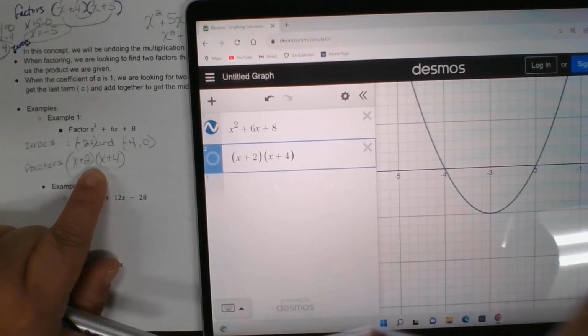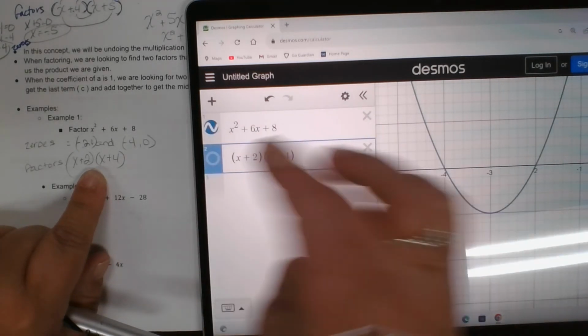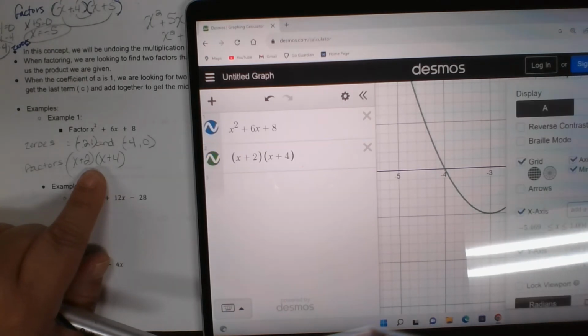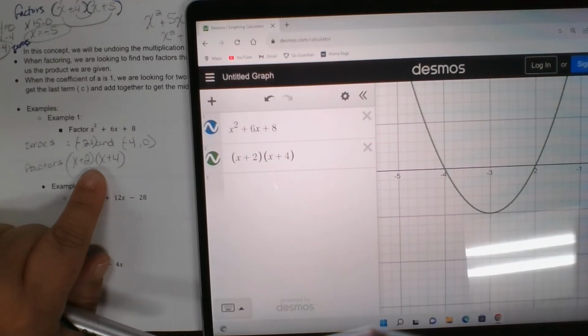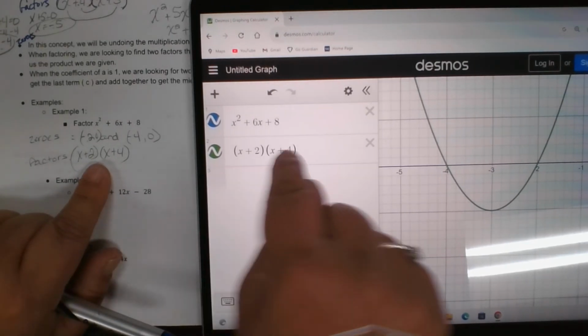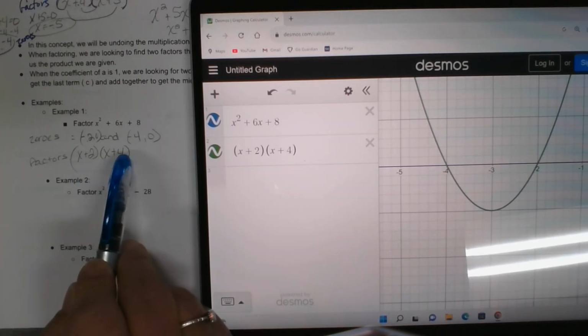Anyway, it'll be alright. These are the same. Both of these are the same. And this is just the factors of that. So that's what this question asked me to find, the factors.